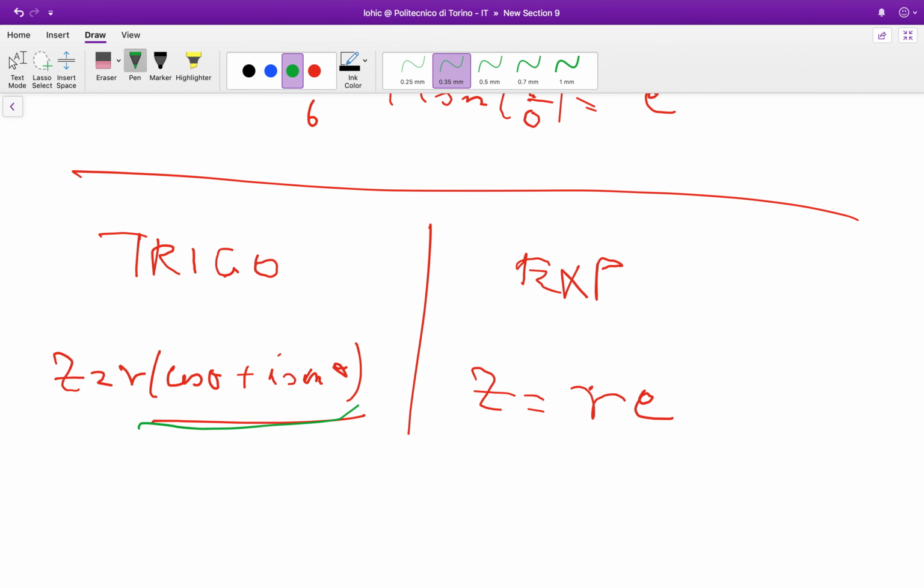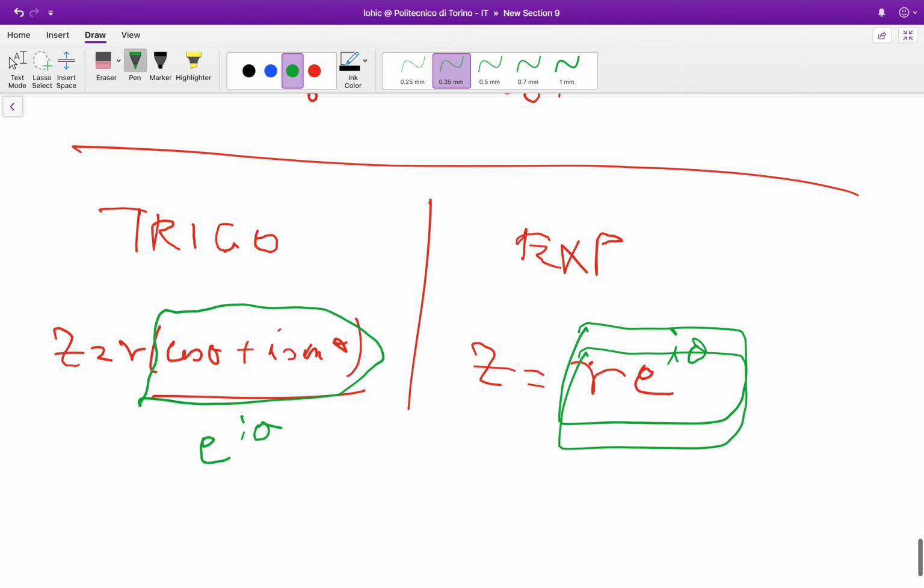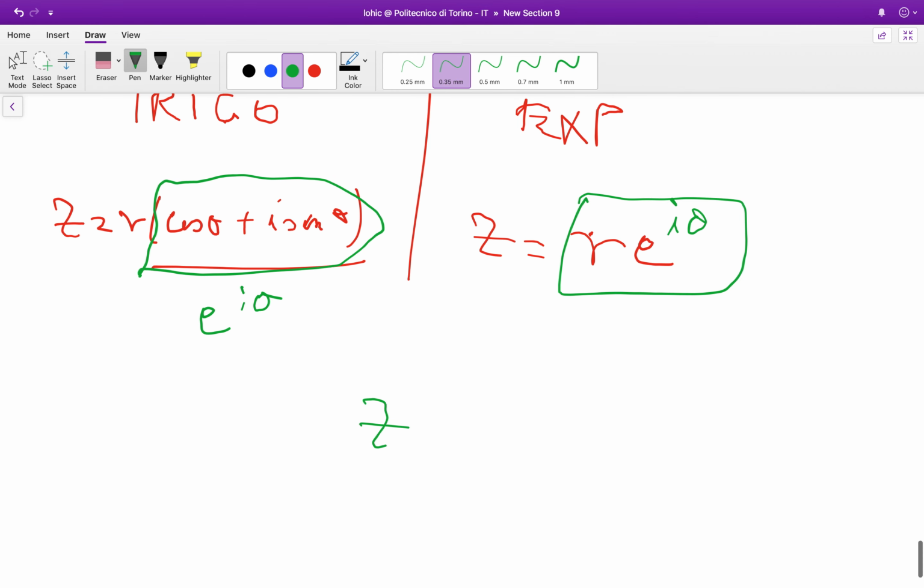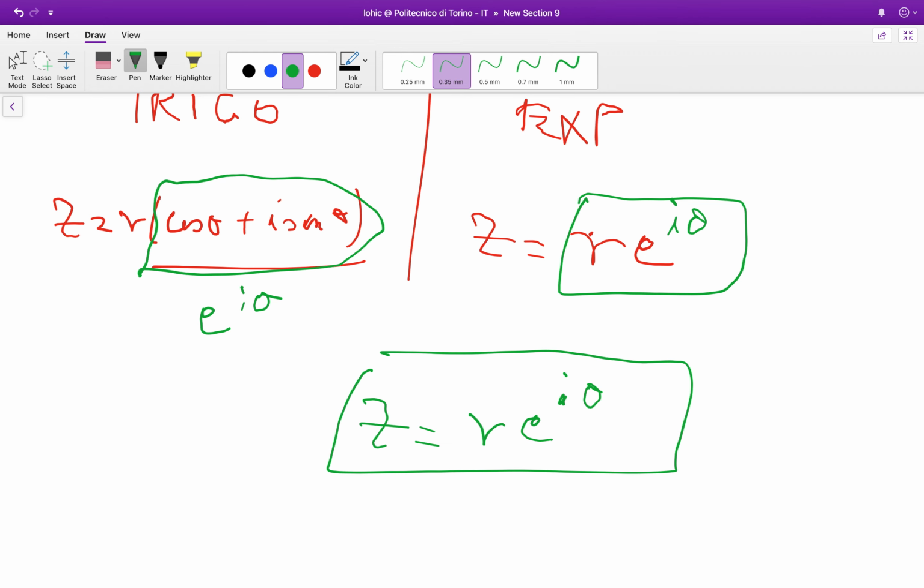All this stuff here is exponential of i theta, by definition. So it will be r times exponential of i theta. So we are saying that the exponential form of any complex number is r multiplied by exponential of i theta, where this theta is the argument and r is the modulus of the complex number. Is that clear?